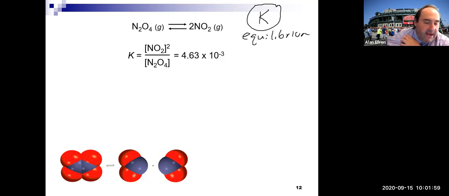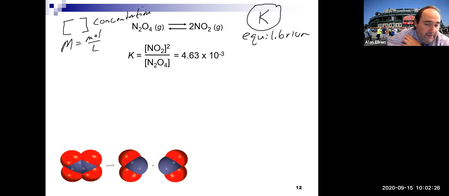So if we have this reaction here, we could write capital K, and it's equal to the concentration of NO2 squared divided by the concentration of N2O4. A reminder that when we see the little brackets, that means concentration, and that typically is molarity, which is moles per liter.